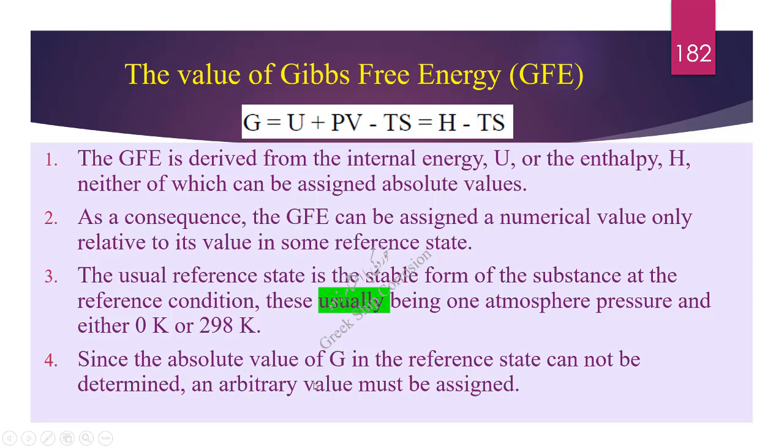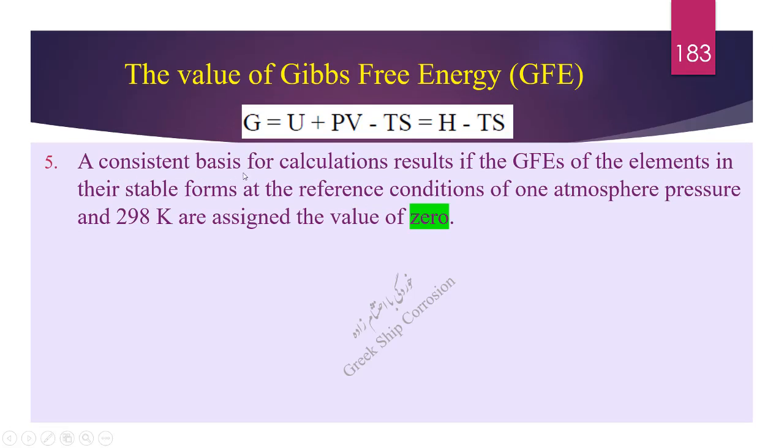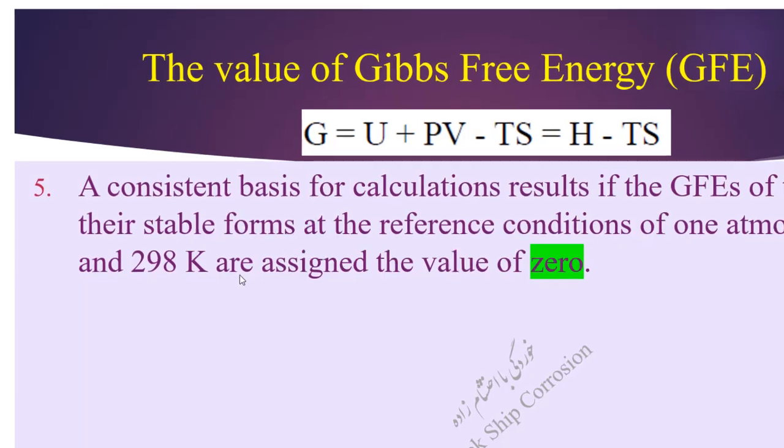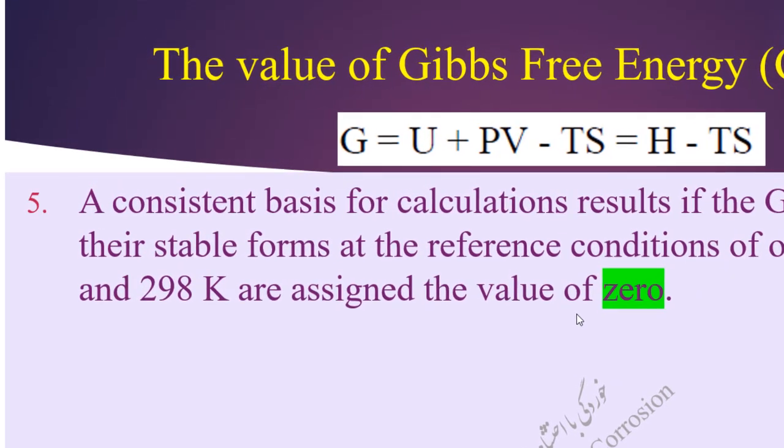Since the absolute value of G in the reference state cannot be determined, an arbitrary value must be assigned. 5. A consistent basis for calculations results if the GFEs of the elements in their stable forms at the reference conditions of 1 atmosphere pressure and 298 Kelvin are assigned the value of 0.